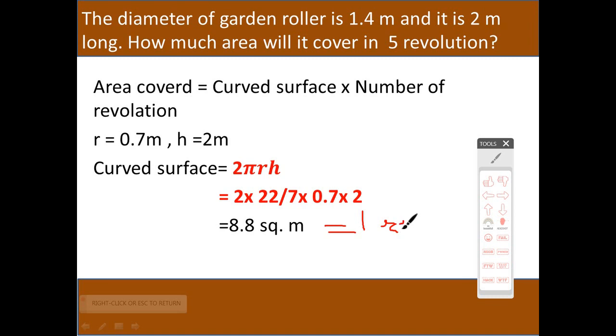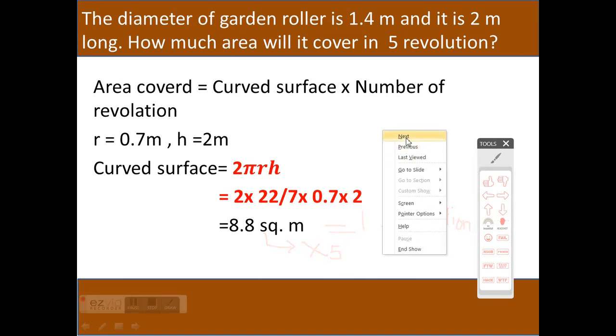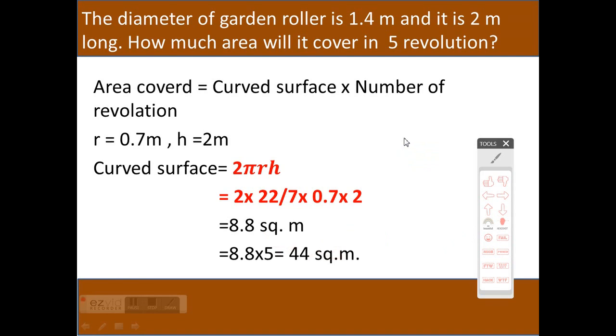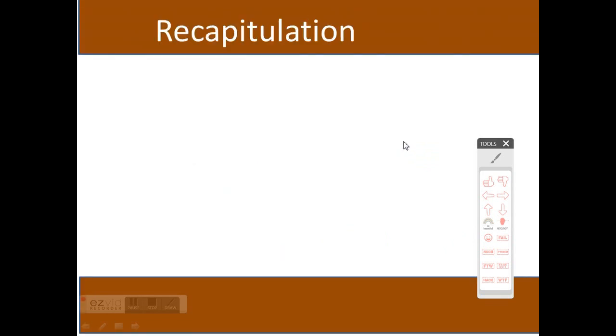Now we have to find the area of 5 revolutions. Now what will we have to do? We will have to multiply it by 5. When you multiply 8.8 by 5, you get 44 square meter.